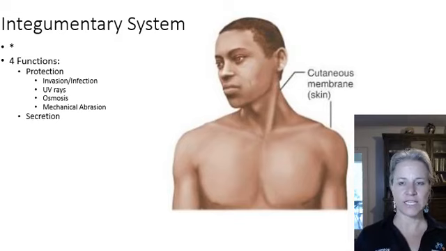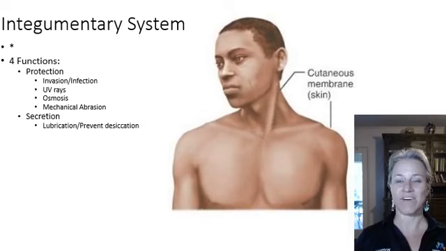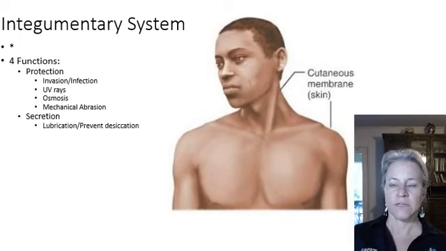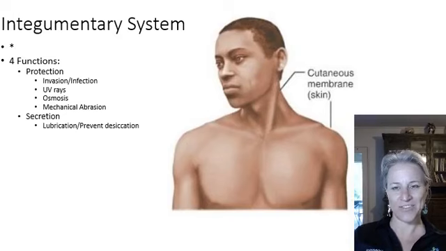Another function of the skin is secretion, and we already know the three glands that are producing these secretions. So why does the skin secrete? One of the functions of secreting is to keep your skin lubricated and help prevent desiccation, which means to dry out.